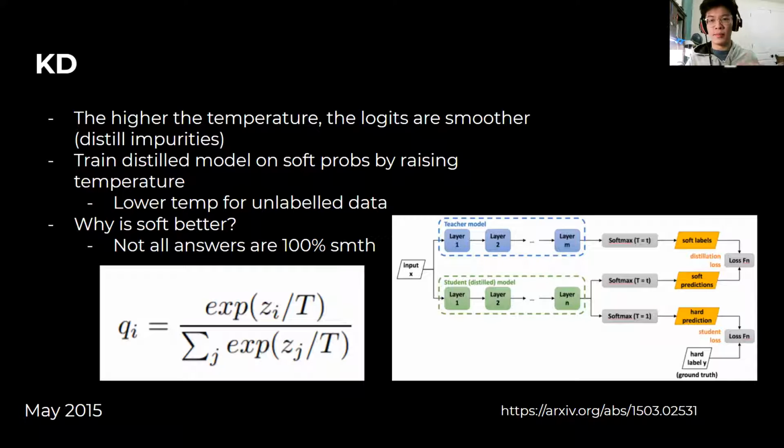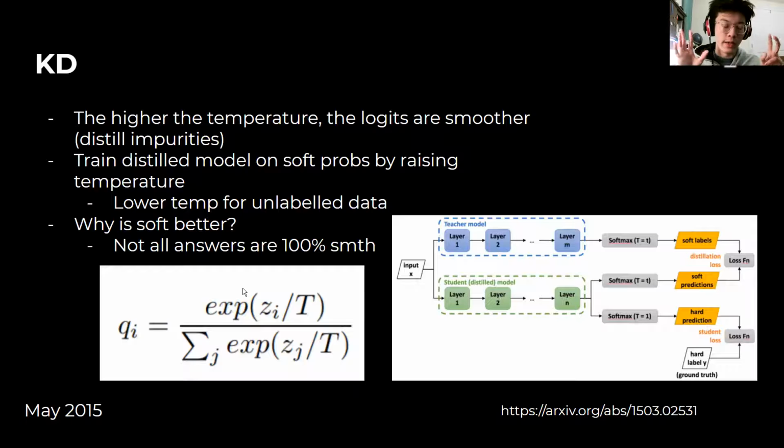The temperature here is usually set at 1, so the distribution is a common distribution. And when you increase the temperature, the logits, which are represented by Z, become smoother.